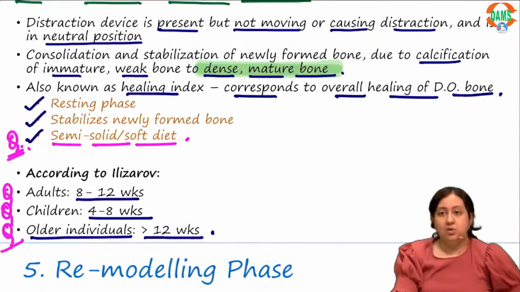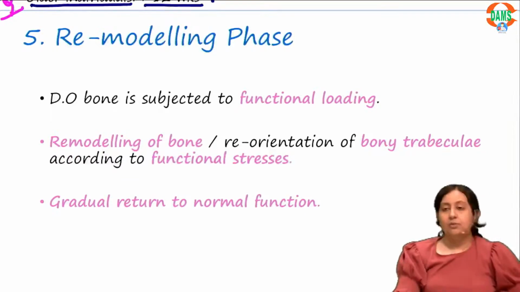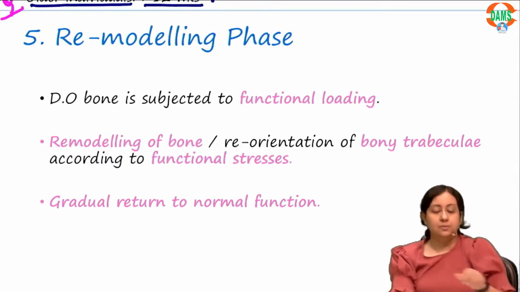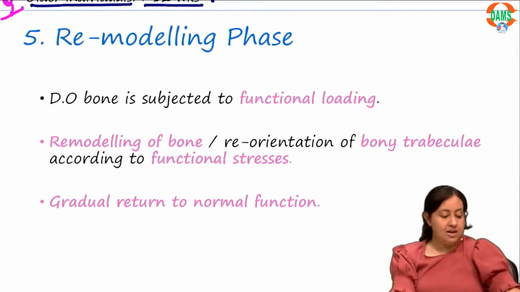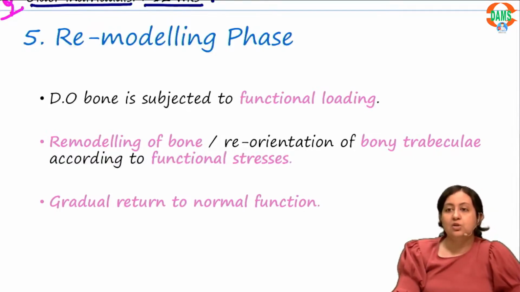So this is important. You have to remember these values. Okay. Now, I hope the consolidation phase is clear to all of you. Please let me know if the consolidation phase is clear.